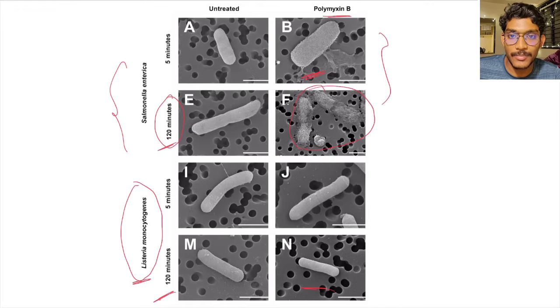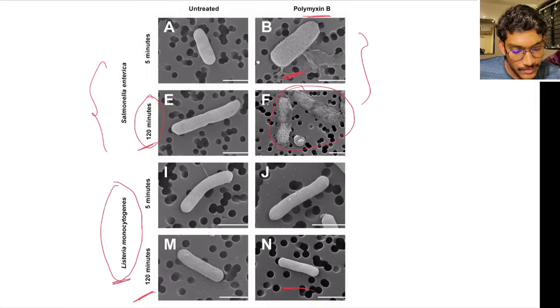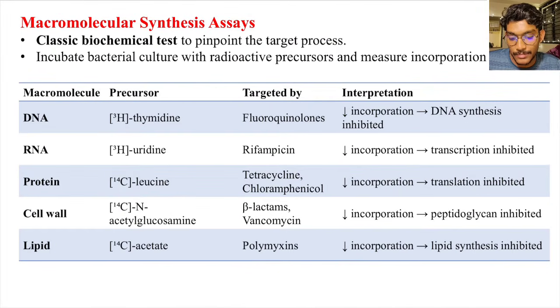So with the microscopic result or staining, we can get a preliminary idea of how the antibiotic is performing. Now after that we will perform the macromolecular synthesis assay, which will confirm what the mechanism of action might be.